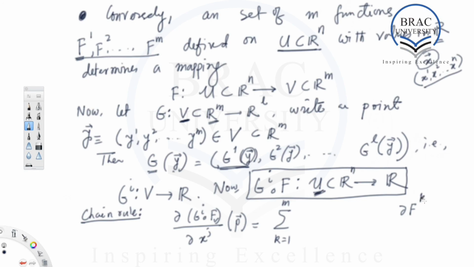So I'm going to take an arbitrary one of the components here, fk, okay, and take the partial derivative of fk.